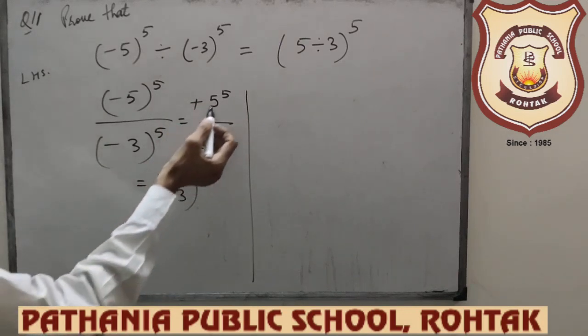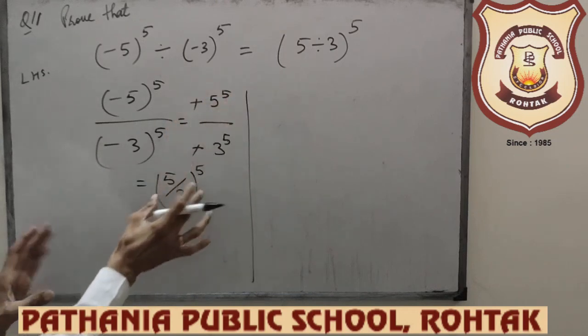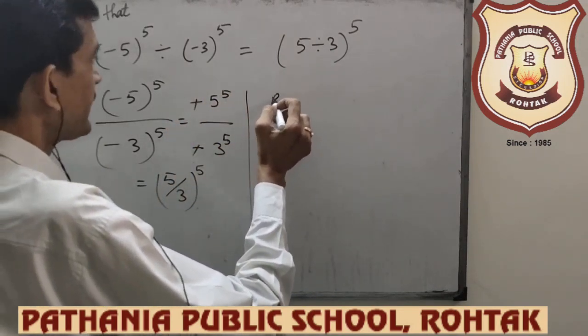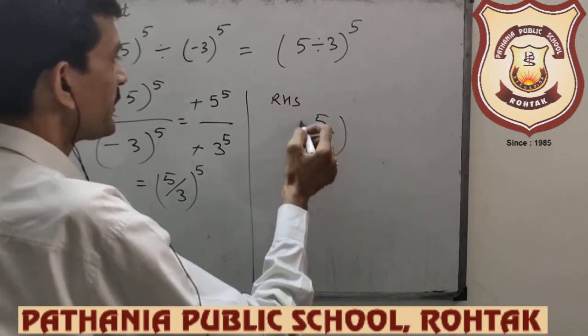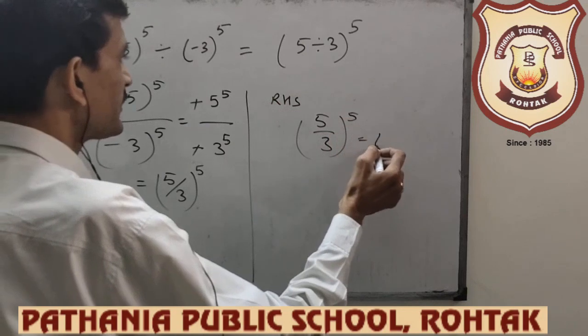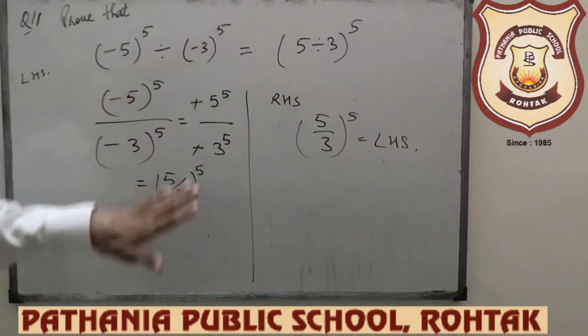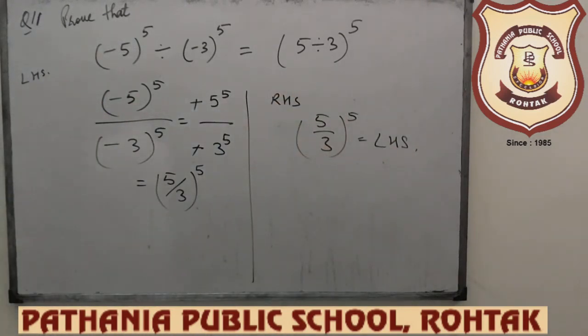Because whenever powers are same, we can write them whole power. This side is what? Right hand side. This is 5 by 3 raised to the power 5 and this is equal to left hand side. So we proved that answer of this side and answer of right hand side is also same.